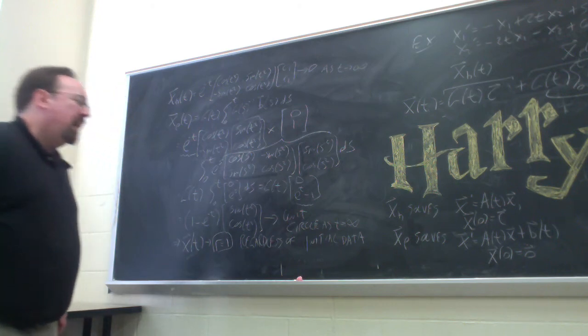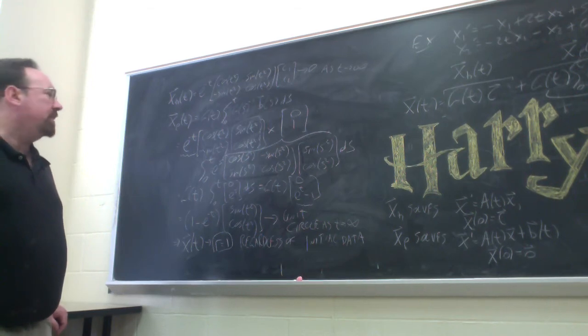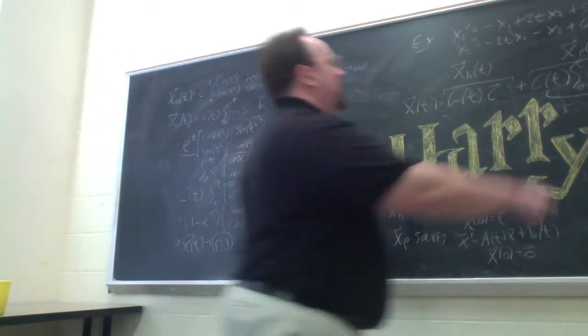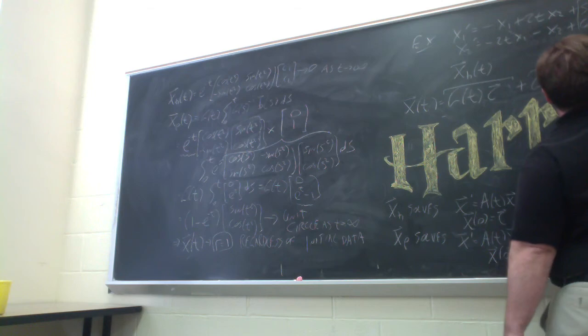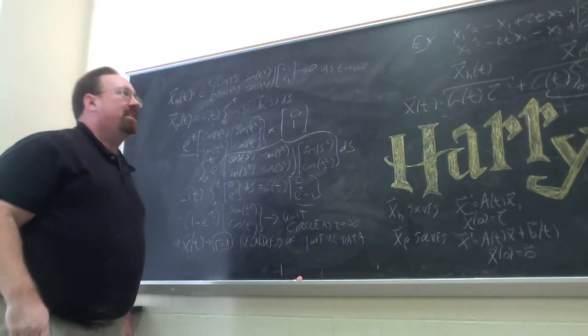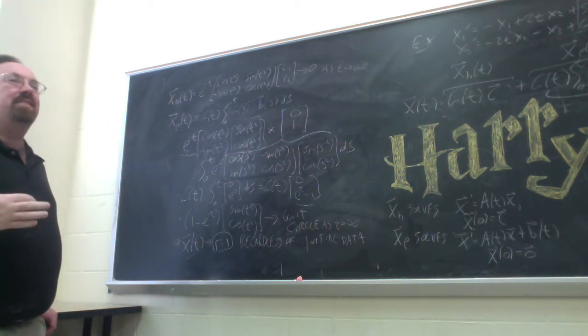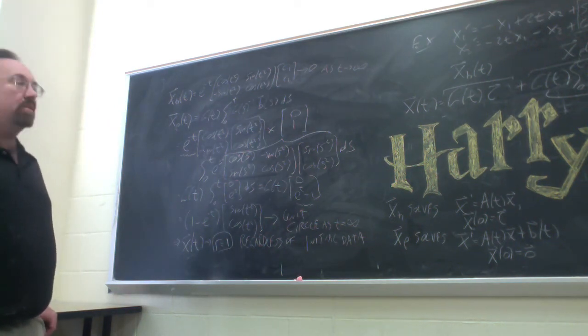Now, I should emphasize though that a key driving force in this behavior is the choice of non-homogeneous term, sine t squared, cosine t squared. You can think of it as extra initial data that's being added at every instant that causes this convergence to the circle.